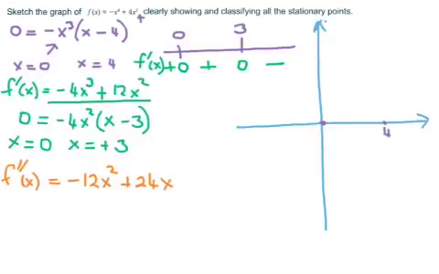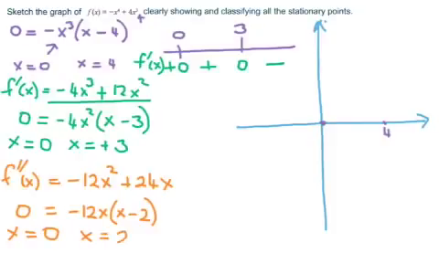Same process, I want to make this equal to 0 so I can find my stationary points, and I'm going to factor out minus 12x, which gives me x. No, it's not going to be plus, it's going to be minus 2. Okay, so once again, x is equal to 0, and x is equal to positive 2.